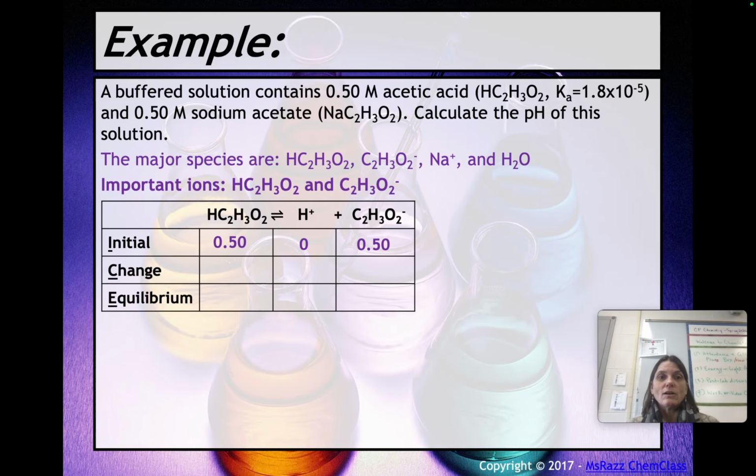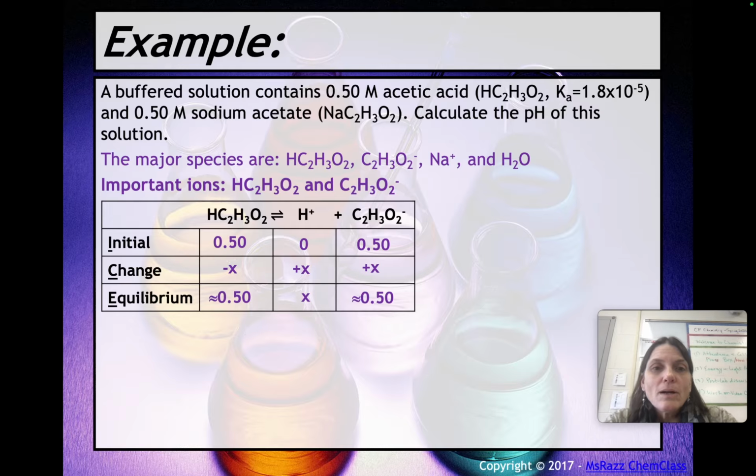So we're going to put that in our ICE chart. Now, because we have a 0 for the H plus, we're going to have plus X, minus X, minus X, okay? Because the equilibrium is going to shift to the direction. So if there's a 0 in the chart, it's going to shift in that direction, okay?